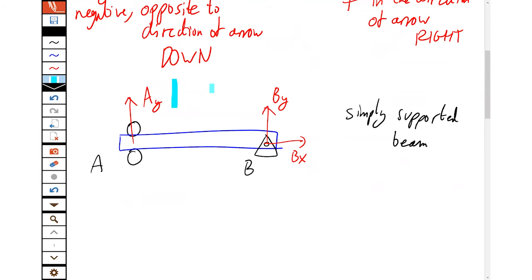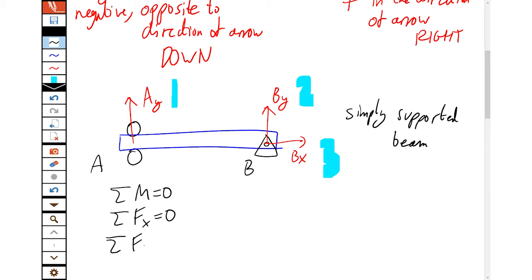Because I have 1, 2, 3 unknowns, and I have 1, 2, 3 equations, which means I can solve that. I can work it out. I have the same number of unknowns as equations, so now I can find all the support reactions. And in a lot of problems, that'll be your start point of how to get into the rest of the problem.